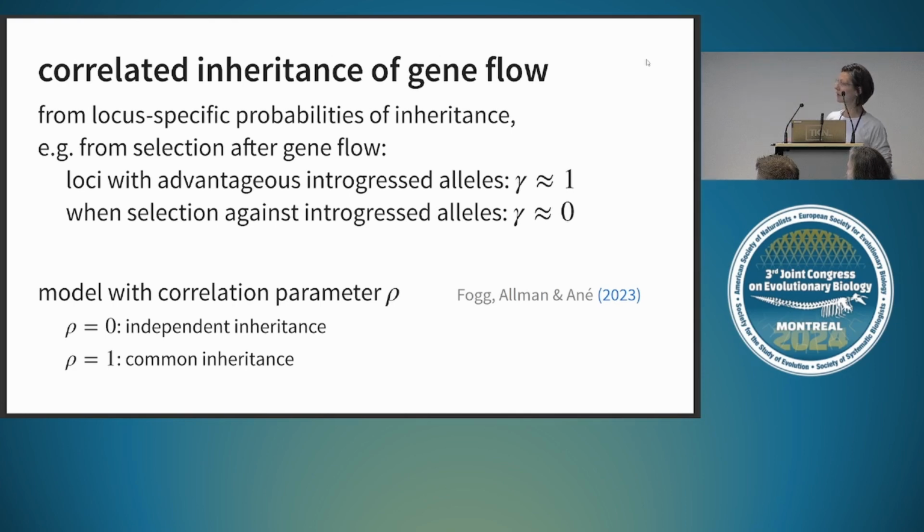If instead I'm looking at other loci, maybe on the X chromosome, that are selected against the introgressed parent, then maybe for them the best gamma would be 0 and all lineages would come from the other parents. And so this correlation could come because of selection.